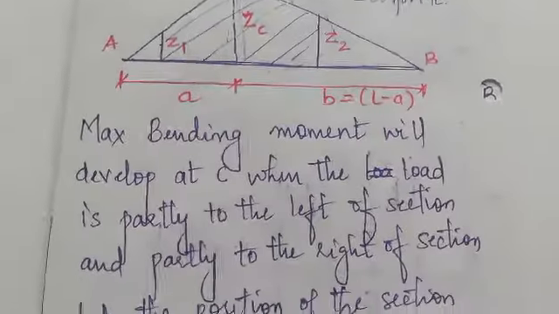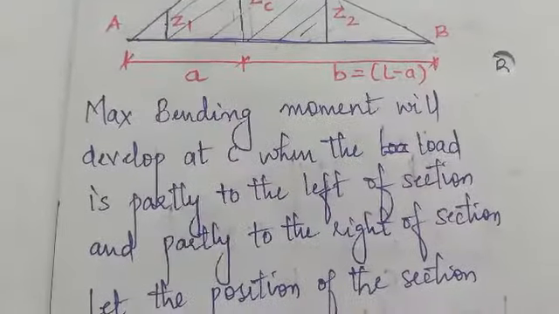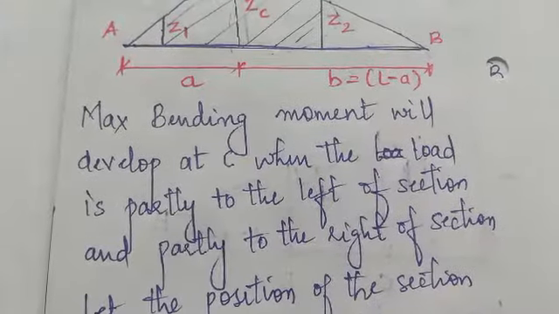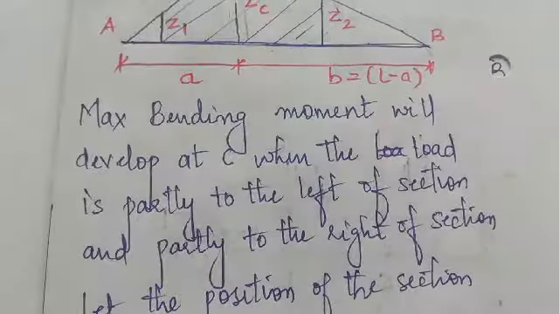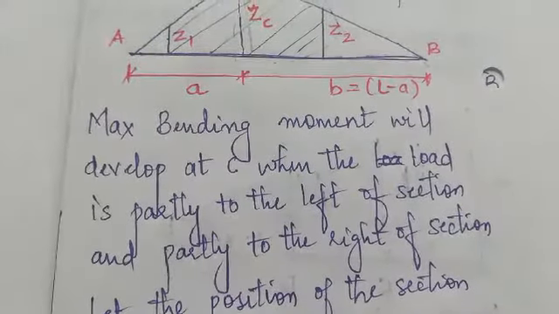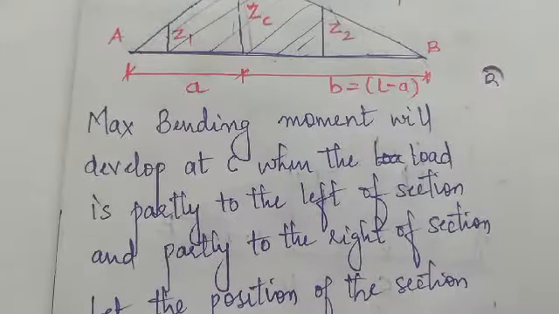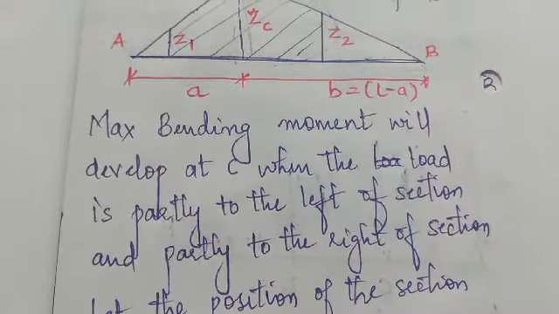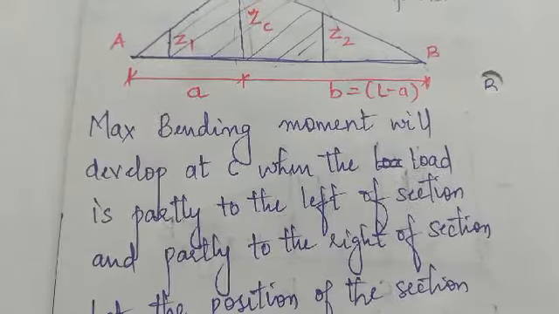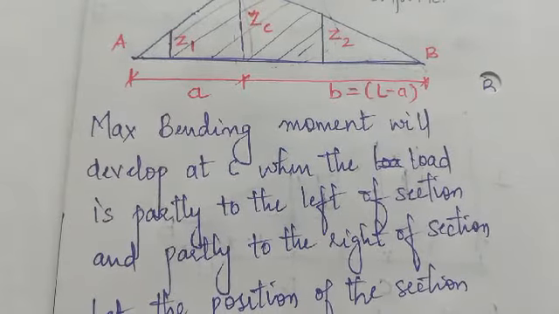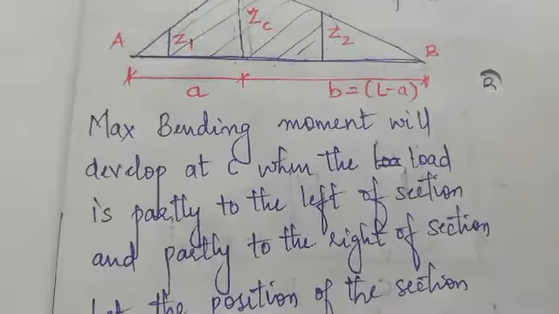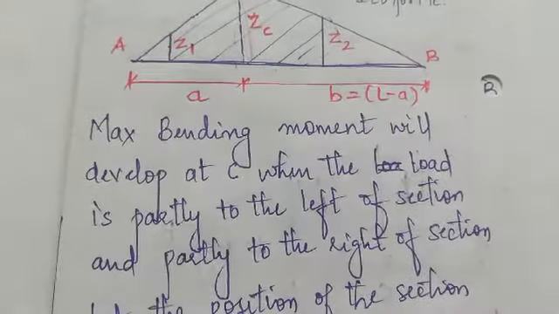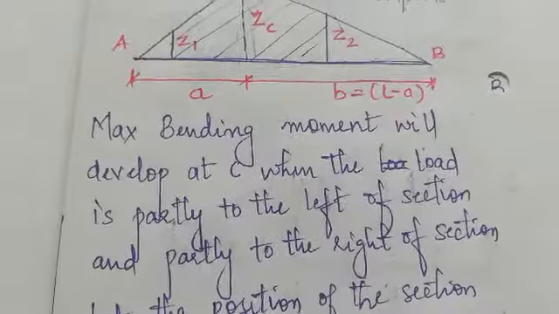Now maximum bending moment will develop at C when the load is partially on the left-hand side as well as on the right-hand side. You might have seen in bending moment and shear force diagrams that whenever you are dealing with a UDL, you get maximum bending moment when it is exactly at the center of the span, distributed on the left-hand side as well as the right-hand side.